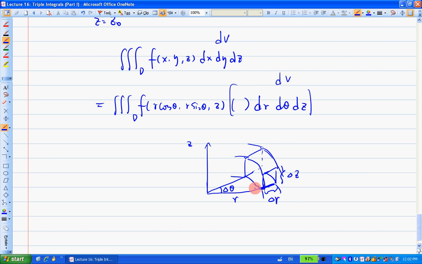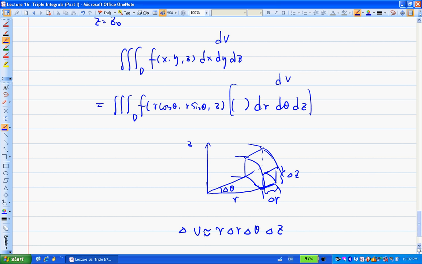This side is delta r, and this side is r delta theta. So you have r delta theta, the bottom area, multiplied by delta z. That's delta V.